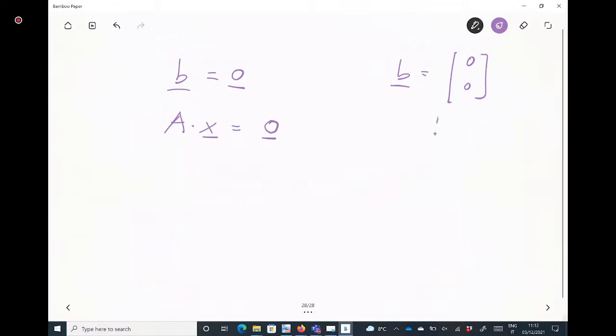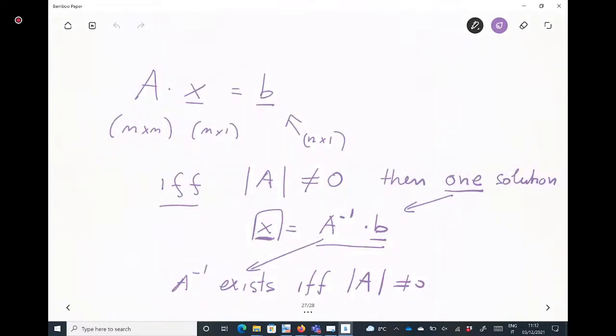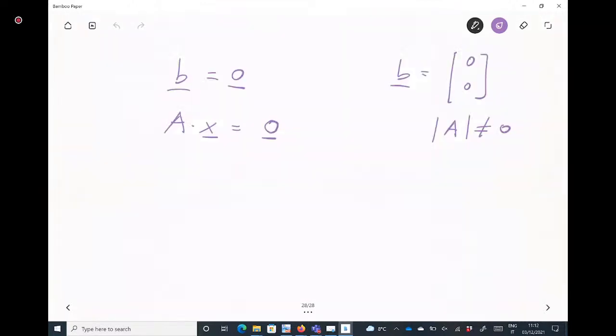Okay, suppose that the determinant of A is different from 0. From the previous point, we know that we have one solution. What is the solution in this case? You know that the solution is A inverse times B, which is equal to A inverse times 0, which is equal to 0.